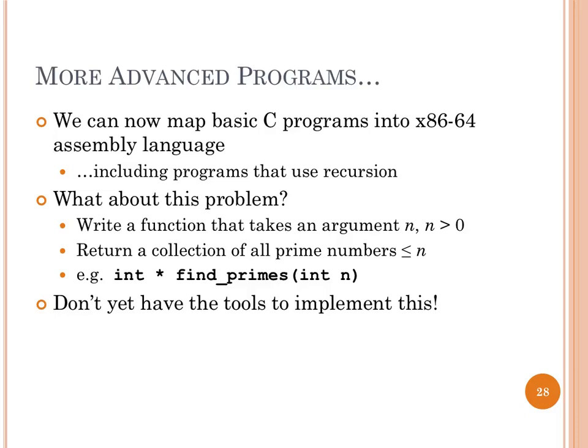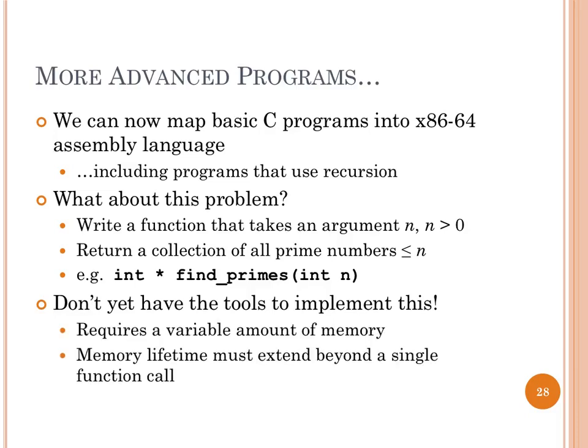The reason why is because we basically have two ways of storing values right now. We have the register file and we have the stack. That's all we've got, right? So if n is 100 or n is 1,000, the size of the answer is going to be different. We don't have a way of doing this yet. Okay?